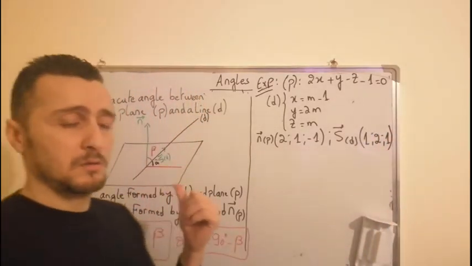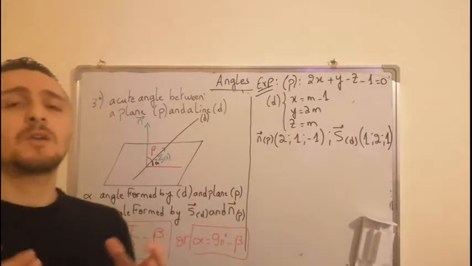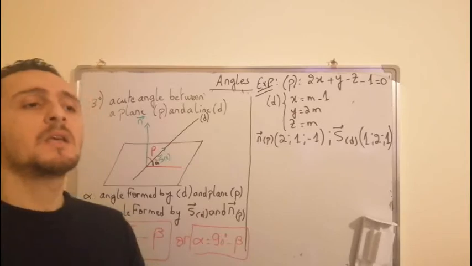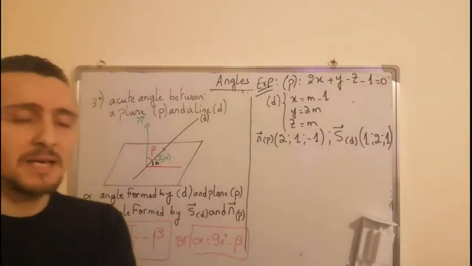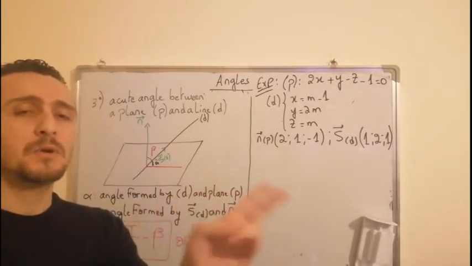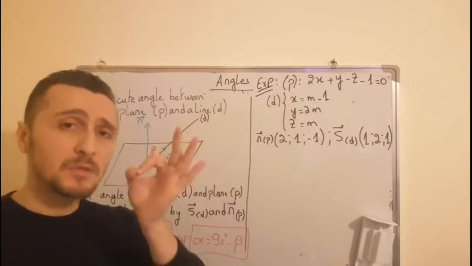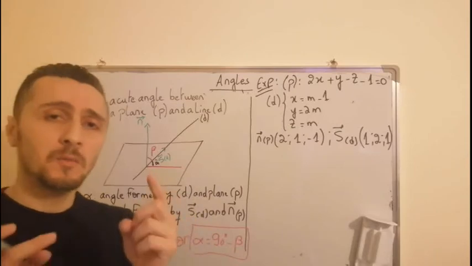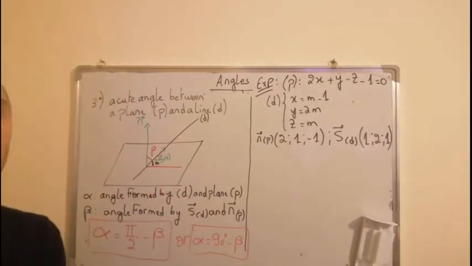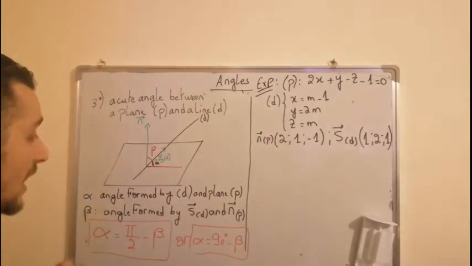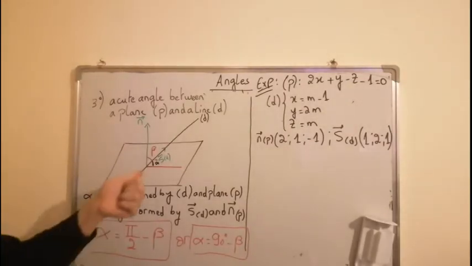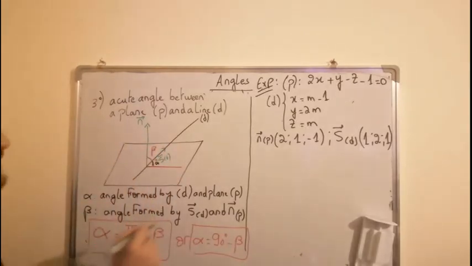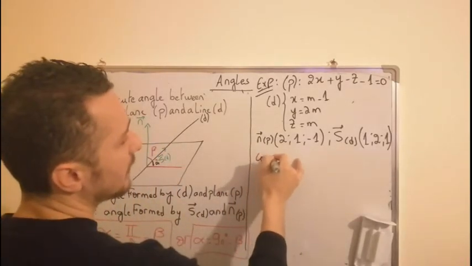Same rule as the acute angle between plane and plane or line and line: cosine of the angle equals the absolute value of the scalar product divided by the norm of the first times the norm of the second. But if we look at the figure, we can find the value of beta, specifically cosine beta.